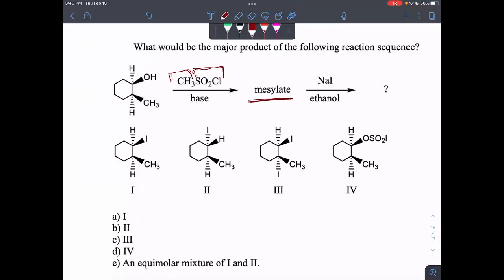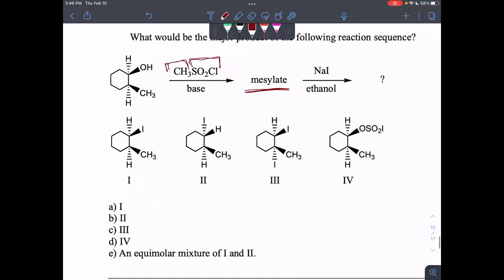So what does a sulfonate protecting group do to stereochemistry? It keeps it the same. Then what inverts it? Which reagents do an SN2 and invert it?